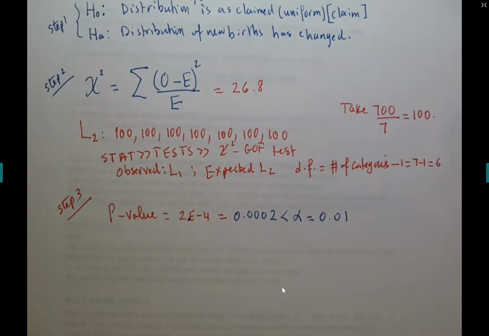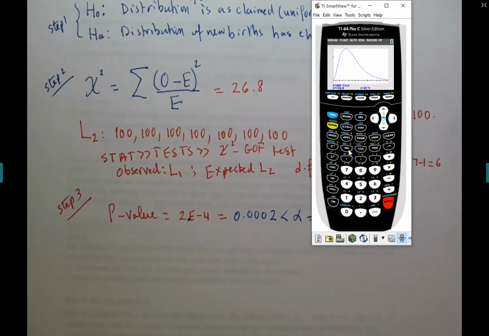So if you do this the other way, Stat, tests, scroll up, goodness of fit test, and you don't have to do the draw, you can hit calculate. If you round 0.00015, the 5 will just go up to 2. So it's the same thing.